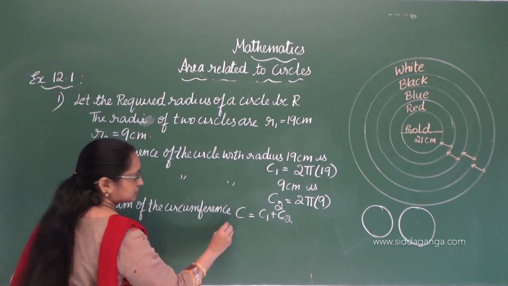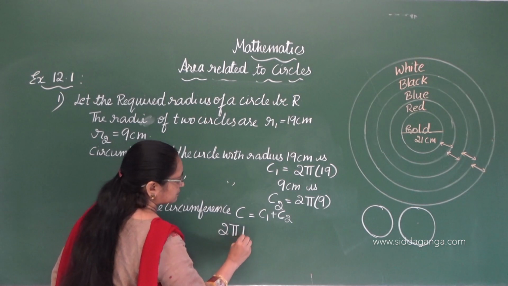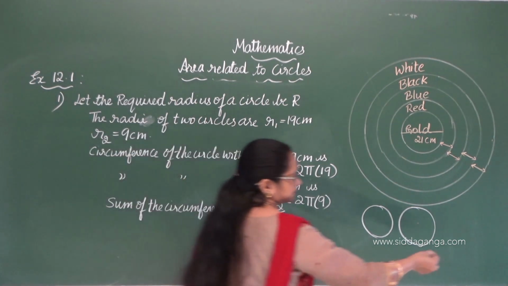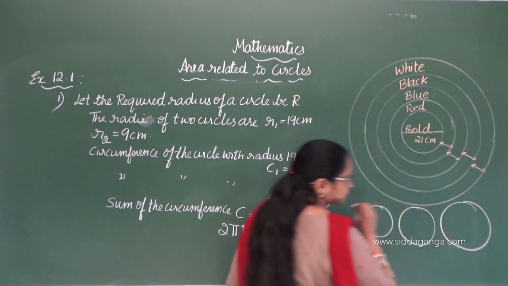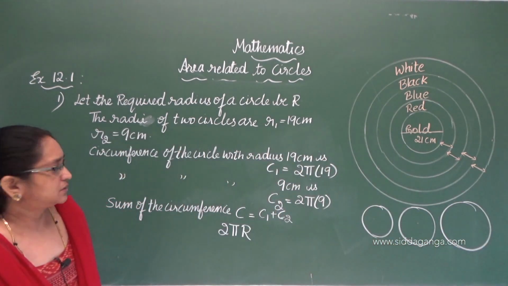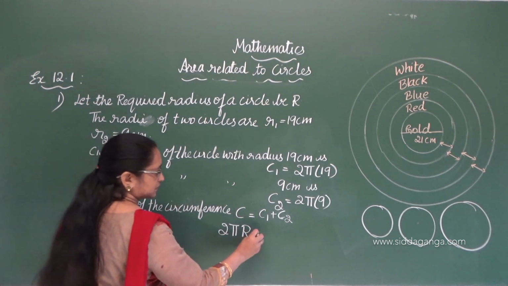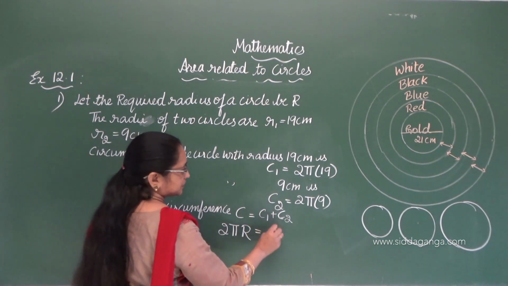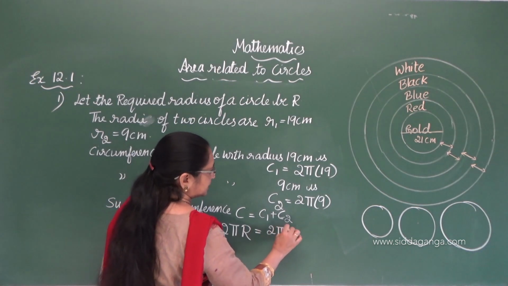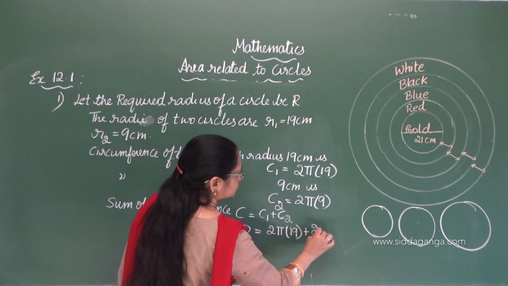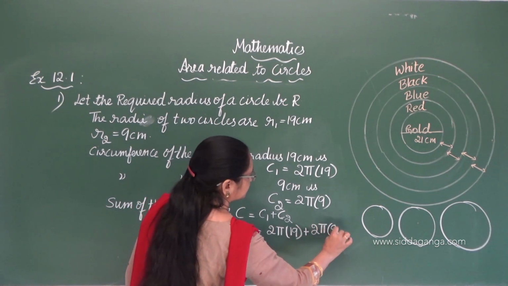The circumference of the other circle, whose radius we need to find, is C, which is equal to 2 pi r, equal to 2 pi 19 plus 2 pi 9.